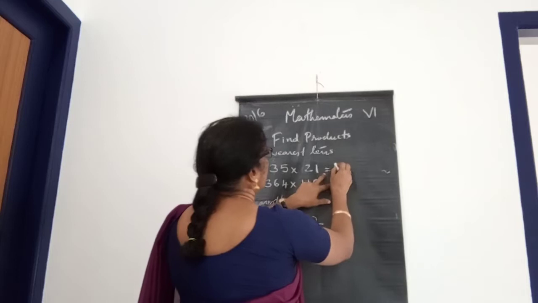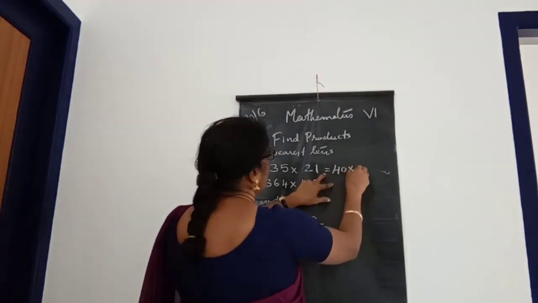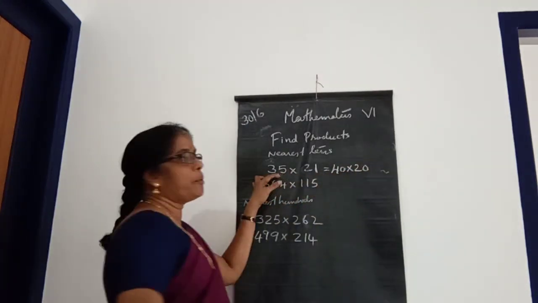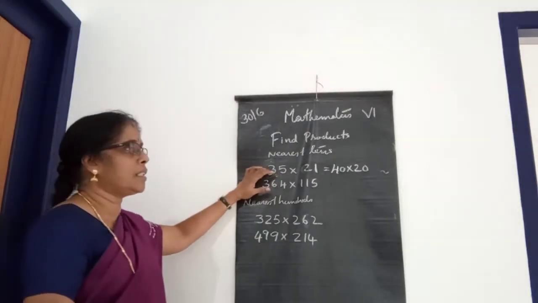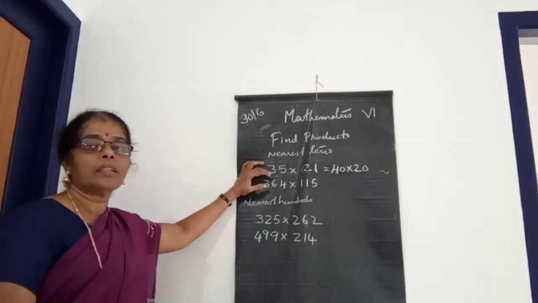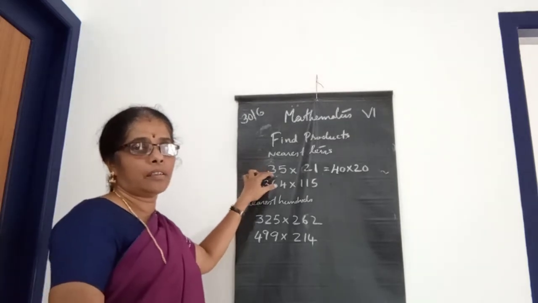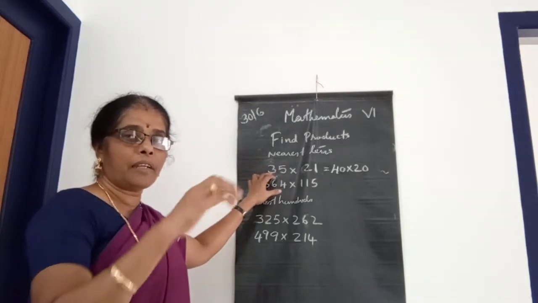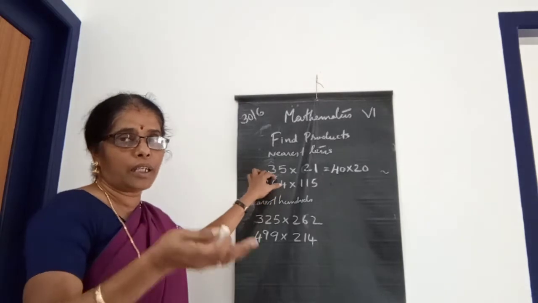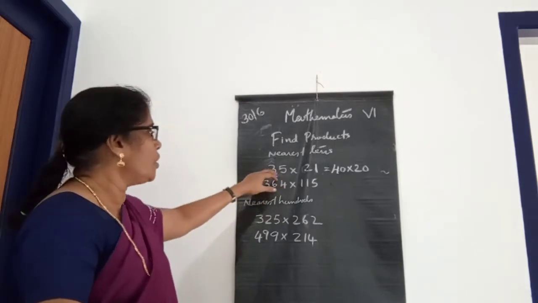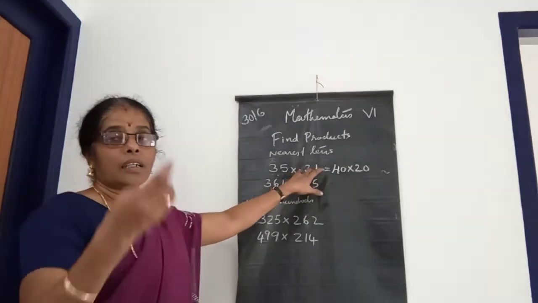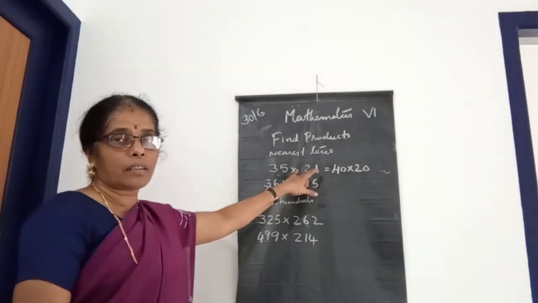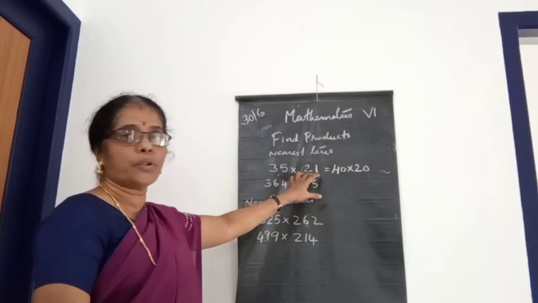So 40 into 20. 35 is between 30 and 40, and 5 or more than 5 we can take to the next tens. So 35 becomes 40, and 21 is below 25, so that goes to 20.